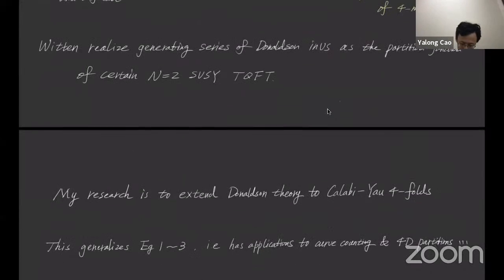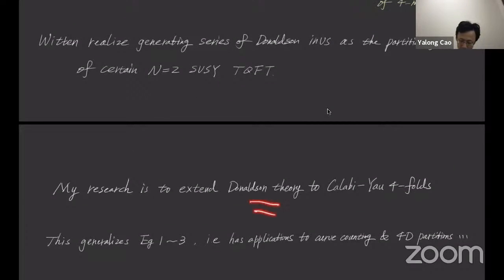Actually, my research is to extend Donaldson theory to Calabi-Yau fourfolds. Donaldson theory is defined on real 4-manifolds. So we can consider the so-called complex-oriented fourfolds, which are Calabi-Yau fourfolds. This will generalize the previous examples 1 to 3, and in particular, it has applications to curve counting and the so-called 4D partitions.